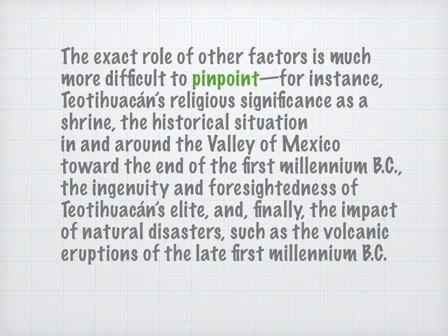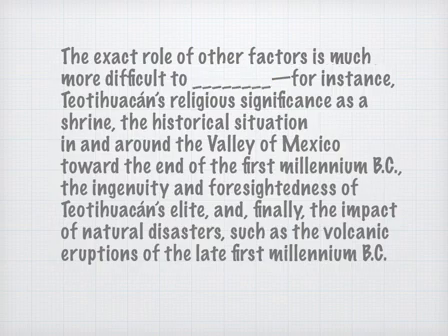Let's move on to question 3, the word pinpoint. The exact role of other factors is much more difficult to pinpoint. For instance, Teotihuacan's religious significance as a shrine, the historical situation in and around the Valley of Mexico towards the end of the 1st millennium BC. So let's blank out that word and have a look at some of the other words around it to see if we can get some clues to what the correct answer choice would be.